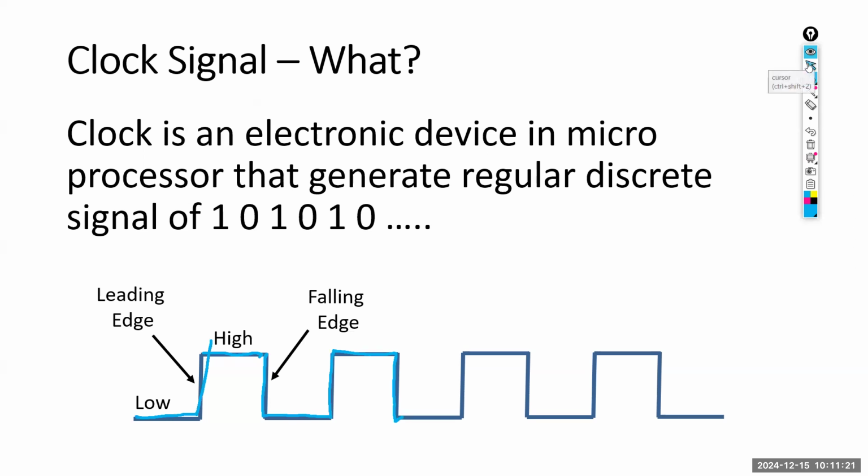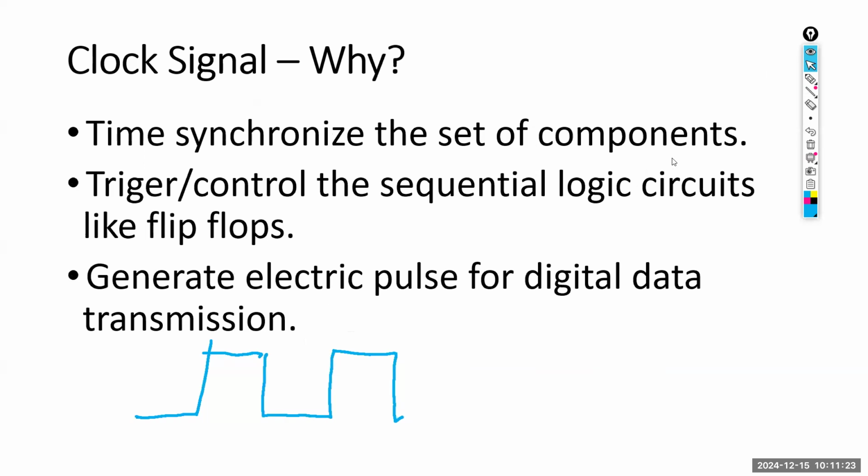So this clock signal has so many usages. One usage is that it helps time-synchronize your digital circuit components, especially the sequential circuit components. We can use it to trigger or control sequential logic circuit components like flip-flops.